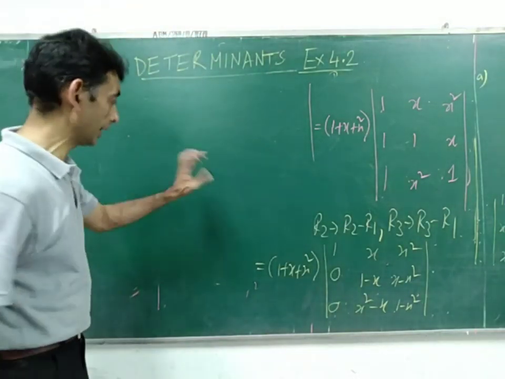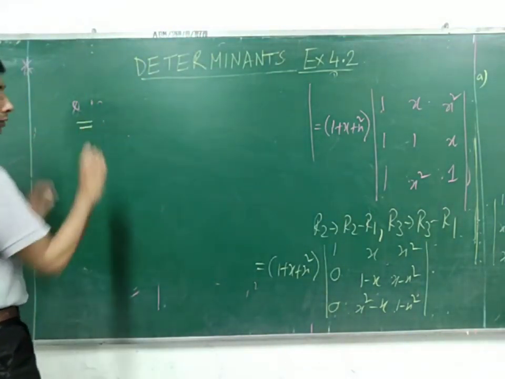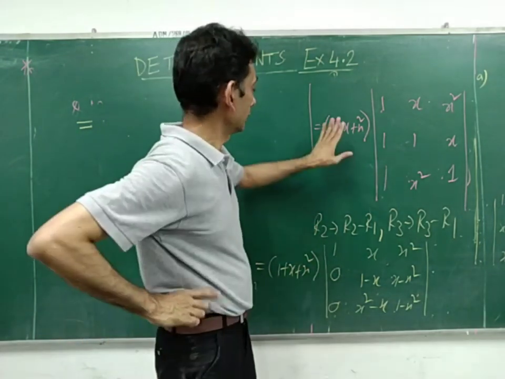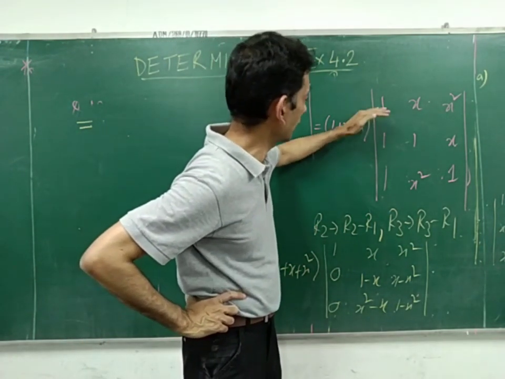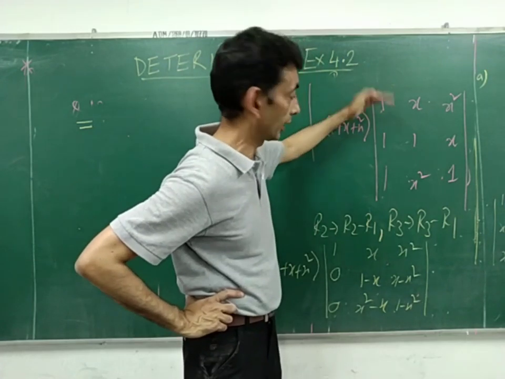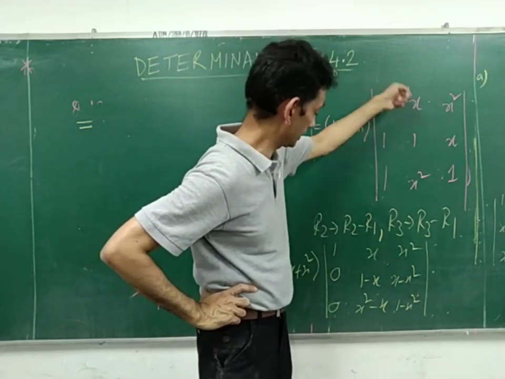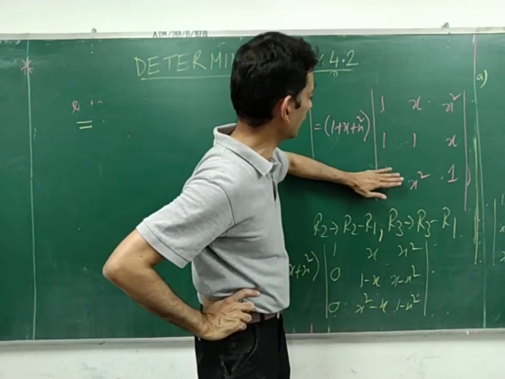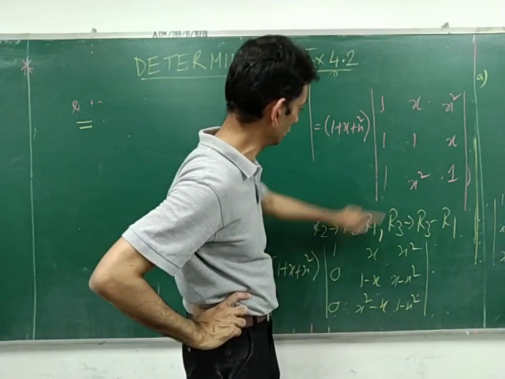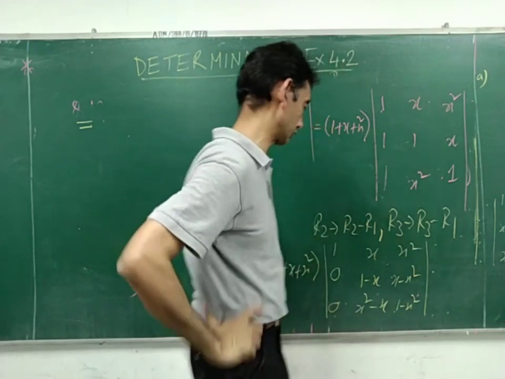Okay. Next, what is the next step? What we have done here is make the entries 1, 0. We subtract R1 from R2: 1 minus 1, 0, 1 minus x, x minus x squared. Then we subtract R1 from R3: 1 minus 1, 0, x squared minus x, 1 minus x squared.